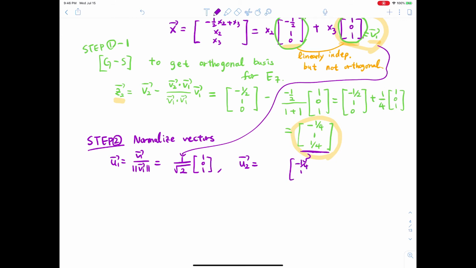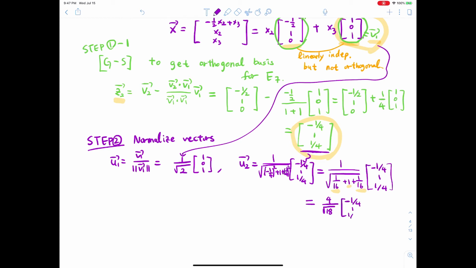So it's negative 1/4, 1, and 1/4, multiplied by 1 over the square root of (negative 1/4) squared plus 1 plus (1/4) squared. This equals 1 over the square root of 1/16 plus 1 plus 1/16, which is 18 over 16, so it should be 4 over square root of 18 times negative 1/4, 1, and 1/4.